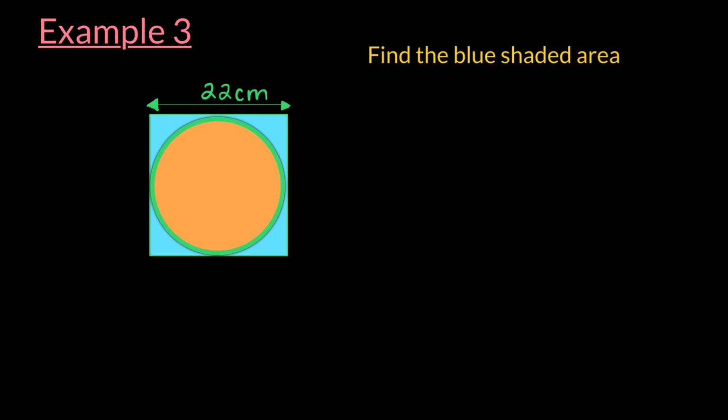The third and final example for this video is a wee bit more complicated, and it asks us to find the blue shaded area. So you can see we have this square around the outside with a circle inside it, and the blue shaded area is going to just be the difference between the area of the square and the area of the circle. So the first thing that we're going to do is find the area of the square.